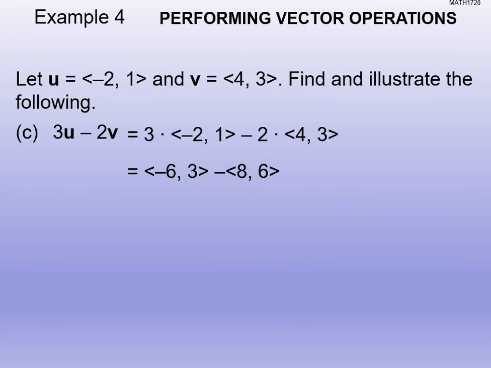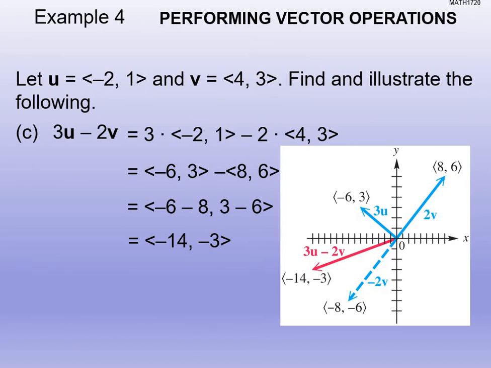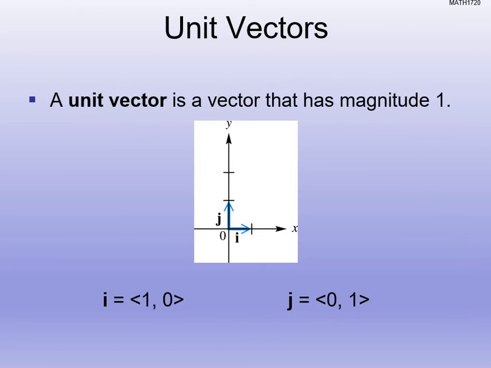And then horizontal with horizontal, vertical with vertical, so you're going to go -6 minus 8, and you're going to go 3 minus 6 to get our values here. So we should get -14, -3. All right, as we're simplifying these down. And if you were to sketch them out, you'd be able to draw the vectors, starting at the origin 0, 0, and plotting them in their Cartesian X and Y coordinates there.